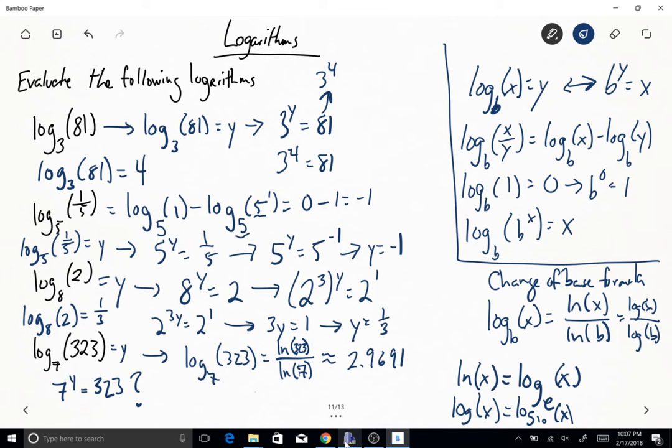Hopefully that makes sense. Now I just want to verify we could have done all these other problems with the same sort of change of base. So if you actually wanted to know one of those formulas that could work in all components, log base 3 of 81. So that would be natural log of 81 divided by the natural log of 3, right?